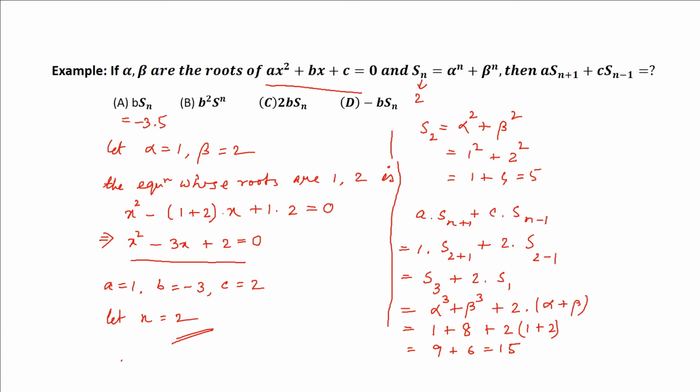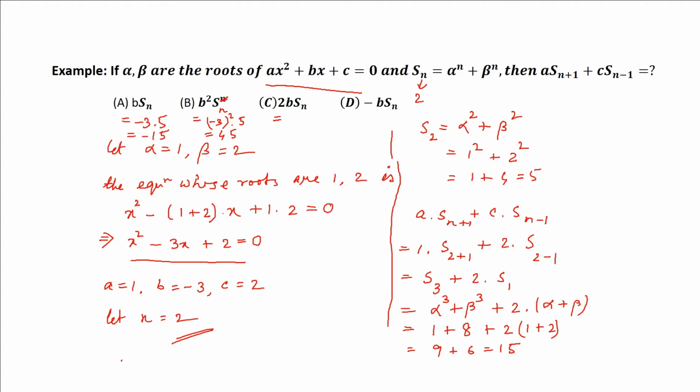That is, the value of b into Sn equal to minus 15. What is the value of b square into Sn? b square, that means minus 3 square, into S2, that means 5. That means 45.